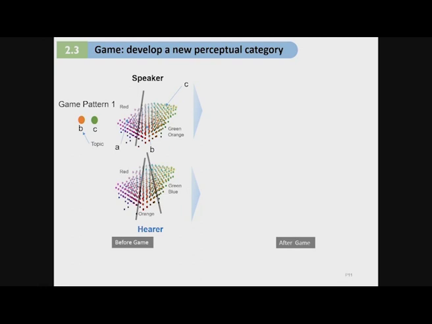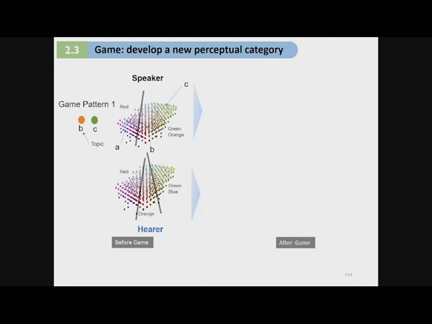The details may be much simpler. Each game concerns a speaker agent and a hearer agent. In each game, two of the stimuli are randomly chosen from the color space. One is the topic.